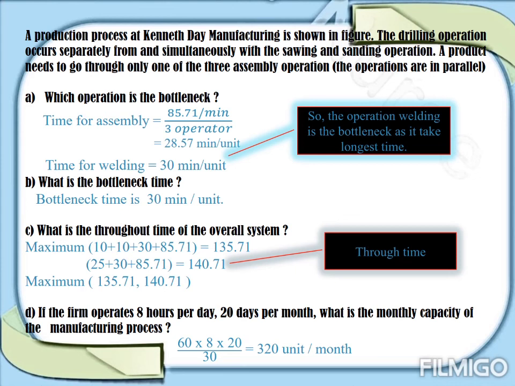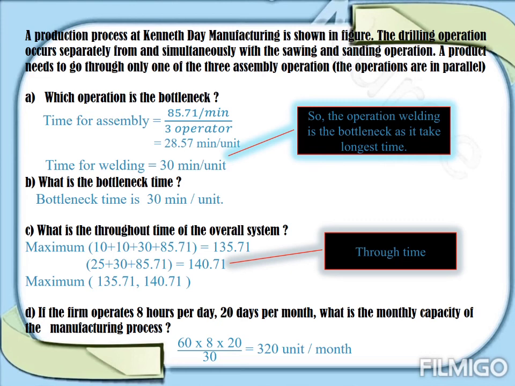Now we calculate the second pathway, drilling, welding and assembly: 25 minutes plus 30 minutes plus 85.71 minutes. Totaled up, we get 140.71 minutes.